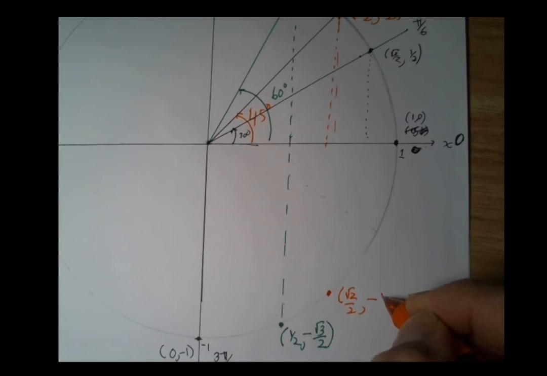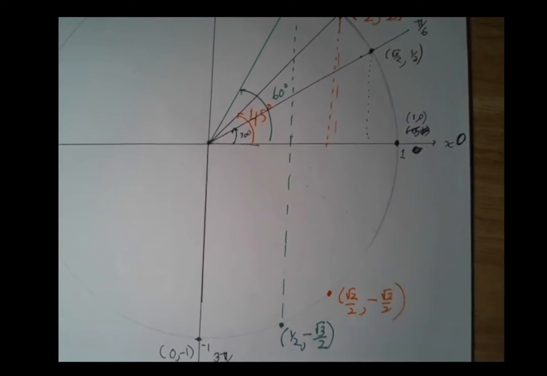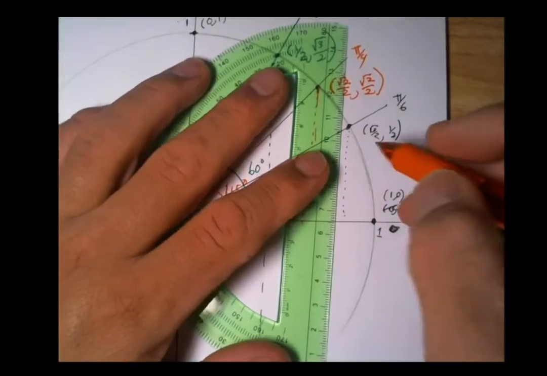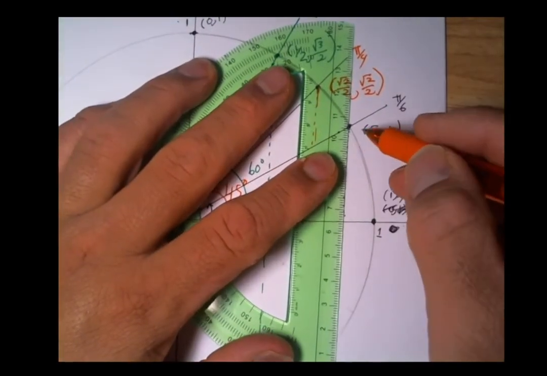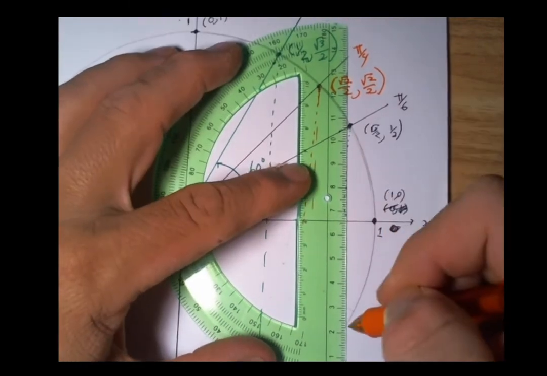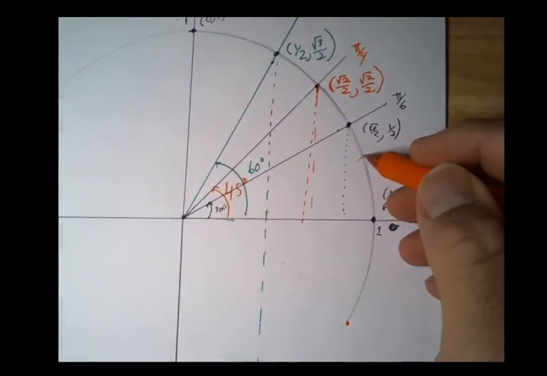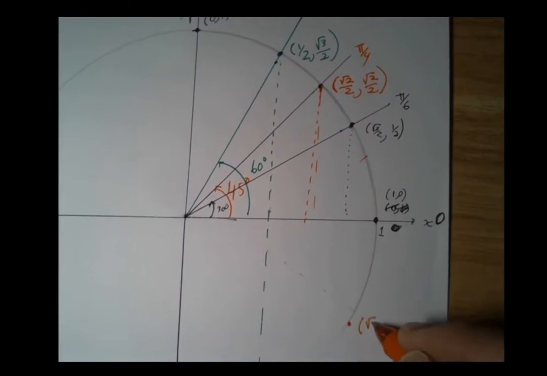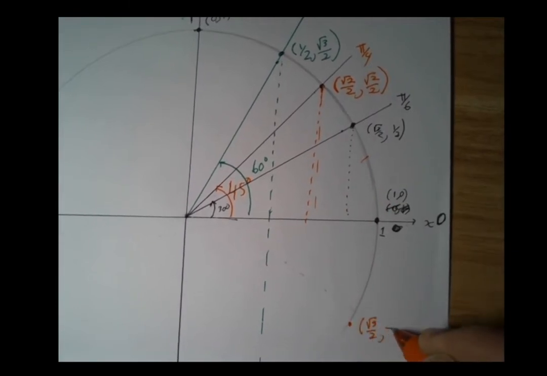The thing that changes is the y-coordinate, and it changes sign. The same goes for this point here, the reflection of the other point: still a positive x value, but now a negative y value.